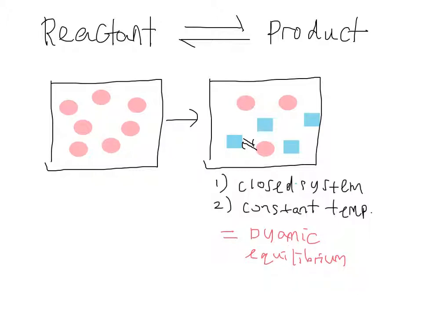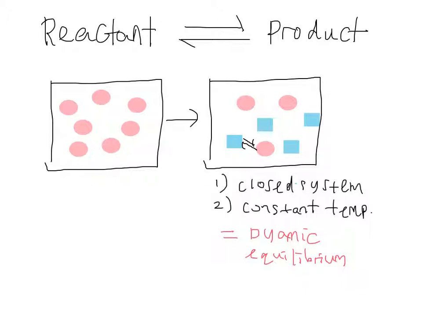Because even though it has reached a constant, the products are still going to be interchanged with the reactants, but at a balanced rate. So let's say, for example, if 4 products are converted to the reactants, at the same time 4 other reactants will be converted into products. This is what we call dynamic equilibrium.